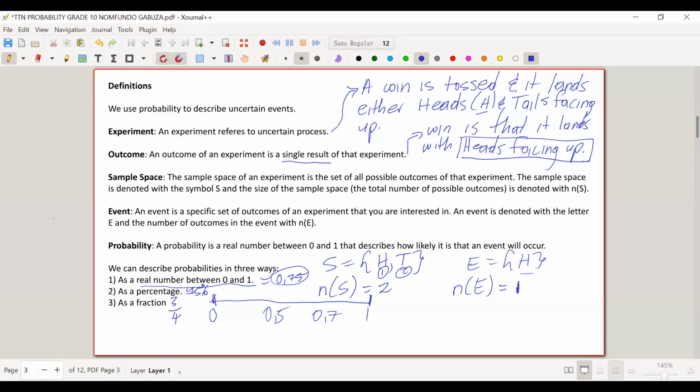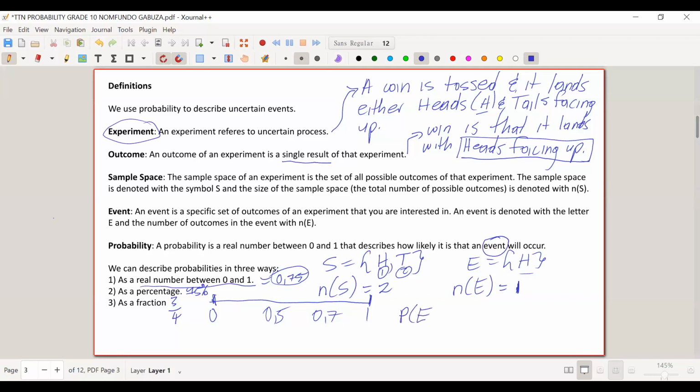But we do have a formula for calculating the probability. Remember, the probability is a number between 0 and 1 that describes how likely an event is. So let's take our example from the experiment. Let's say we're looking for the probability of this event occurring.